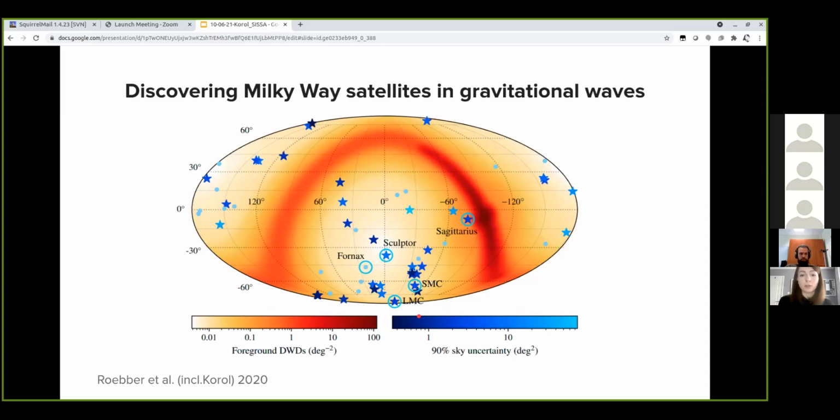Finally, just to combine the two studies that I showed you in these two slides, we circled the satellites in which we expect more sources than the galactic foreground, and that we potentially can recover with the detailed Bayesian data analysis. So again, we have Magellanic Clouds, Sagittarius, Draco Galaxy, and perhaps even Fornax Galaxy.